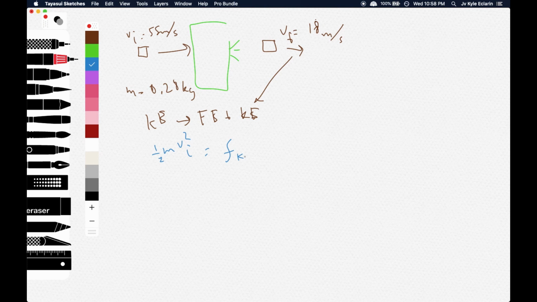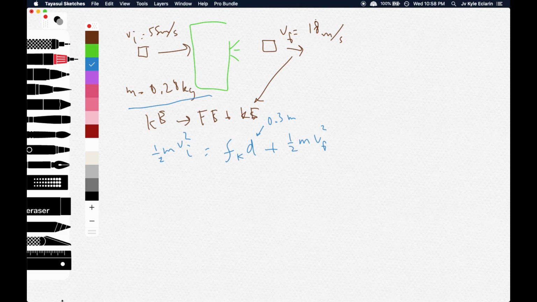Do we know the distance? We know that the distance is 30 centimeters thick. So to convert that to meters, that's 0.3, plus the kinetic energy again. But in this case, it's 1/2 mv final squared.